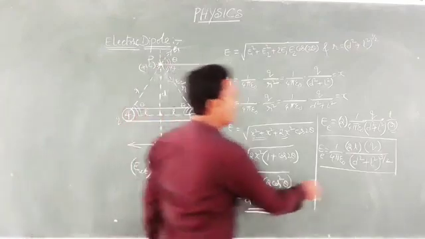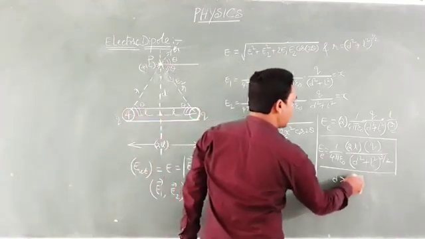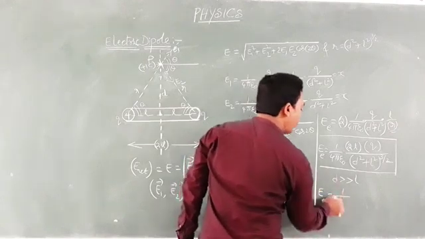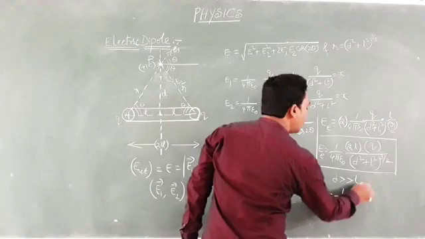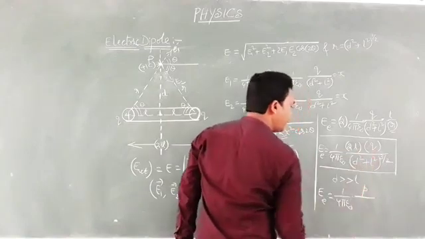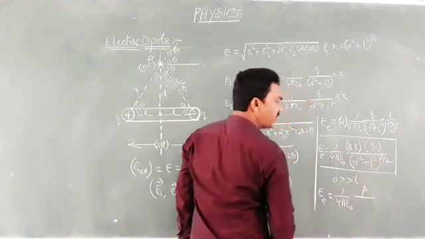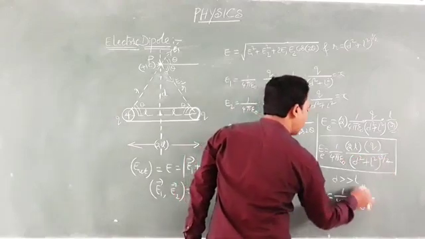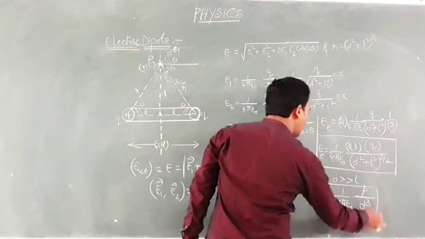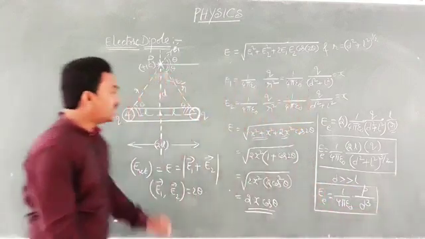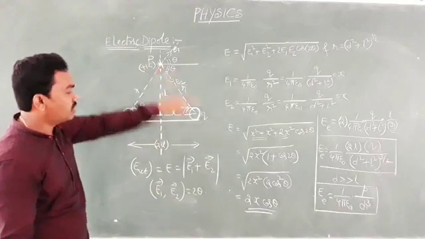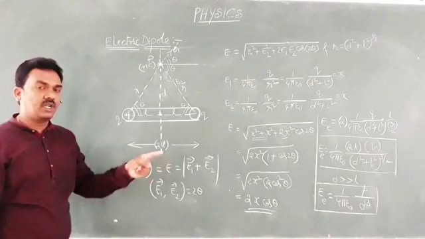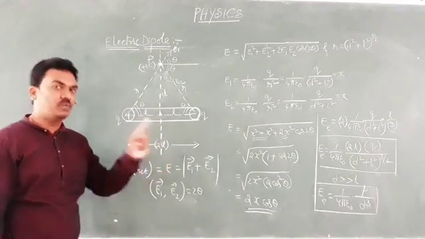But here also you can put the condition that if D is far greater than L, then E equal to 1 by 4 pi epsilon naught into 2L into Q, you can write it as P. D far greater than L, L square can be avoided, D square whole power 3 by 2, 2 cancelled, D cube. So the electric field intensity at a point on the equatorial line of an electric dipole is 1 by 4 pi epsilon naught into P by D cube.